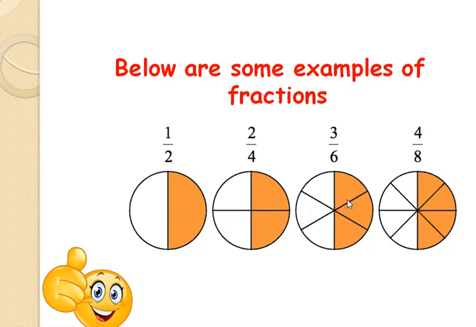This is divided into 6 parts, but 3 parts are shaded. So that shaded portion is 3 over 6. And this is divided into 8 parts, but 4 out of the 8 is shaded. So this is 4 over 8. So these are some examples of fractions that we have.